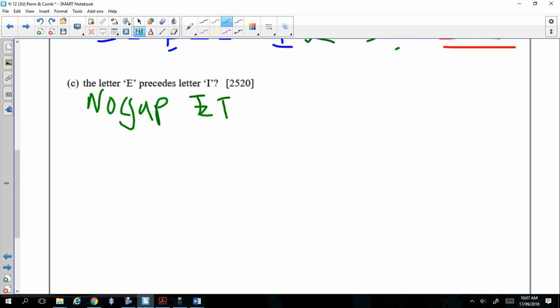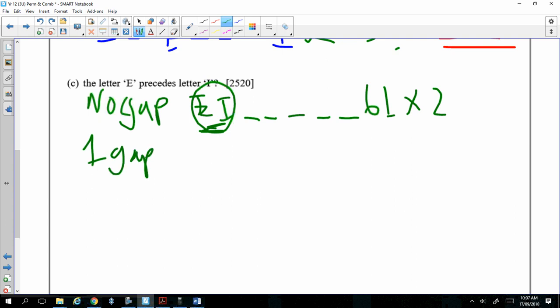And then 1 gap. In that case, you go E, a gap, I, 1, 2, 3. Actually, times by 2, they can't be swapped. 1, 2, 3, 4, 5. So it will be 5 factorial, but you can see there are 1, 2, 3, 4, 5, 6 cases.